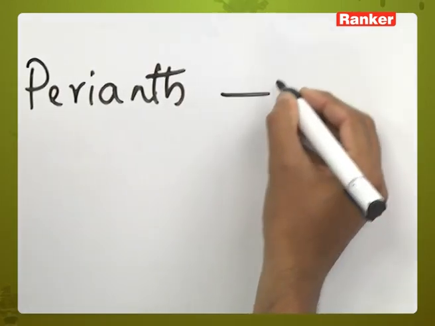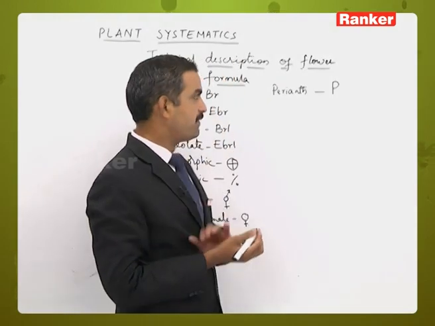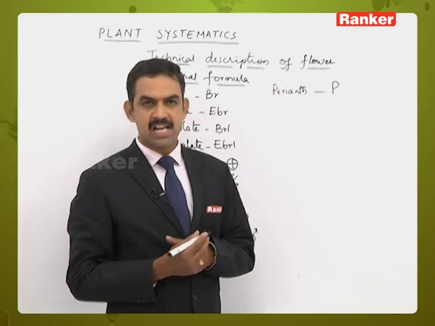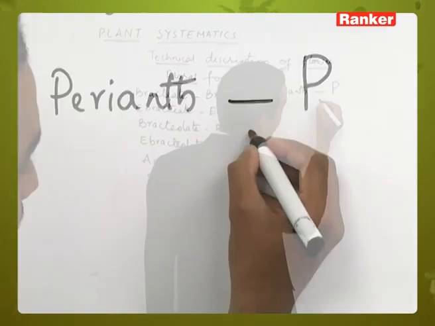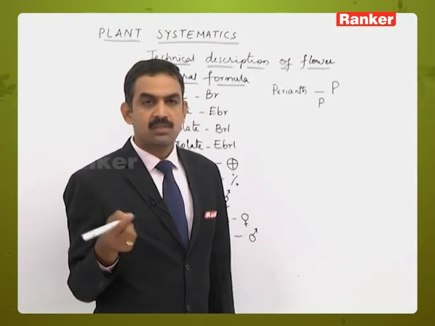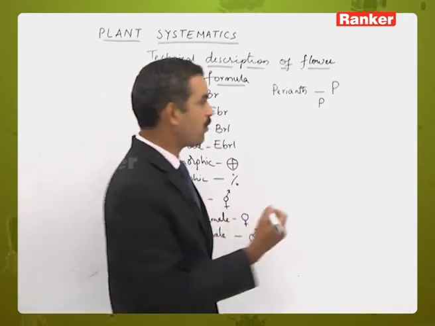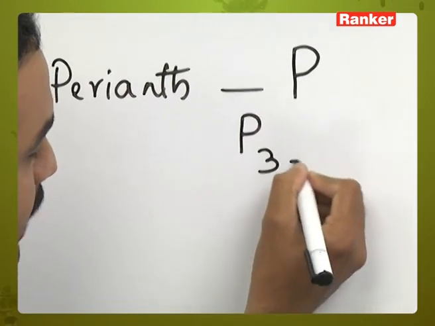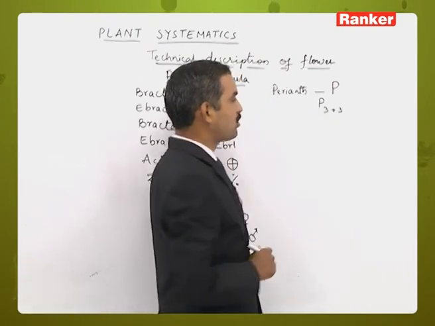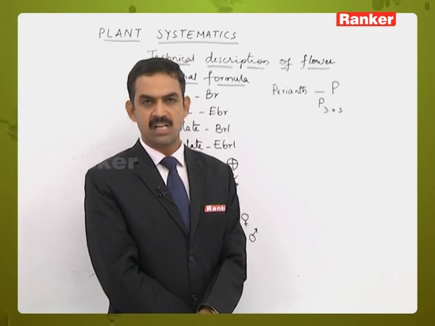Here perianth is represented with capital P. For example, if the perianth contains a total of 6 tepals as in Liliaceae, it is represented as P with 6. Out of the 6, they are arranged as 3 in the outer whorl and 3 in the inner whorl, so that should be represented as 3 plus 3. The first 3 represents the outer whorl and the other 3 represents the perianth lobes present in the inner whorl.